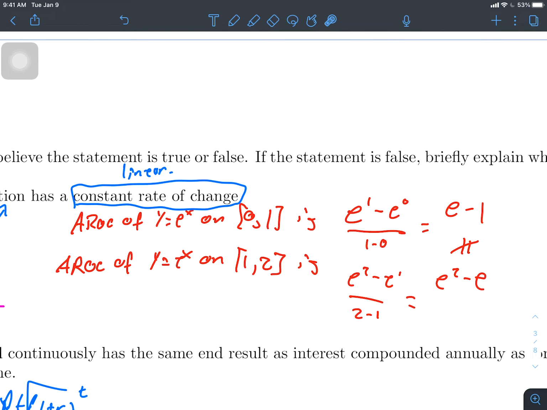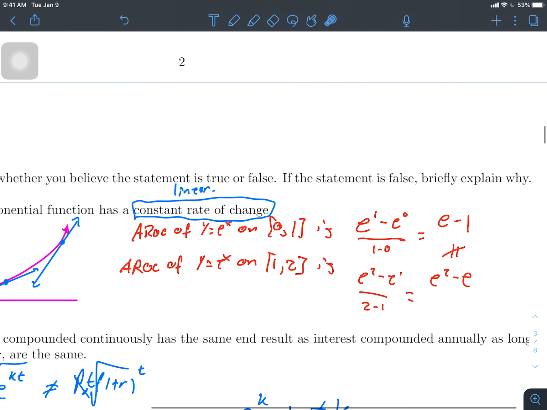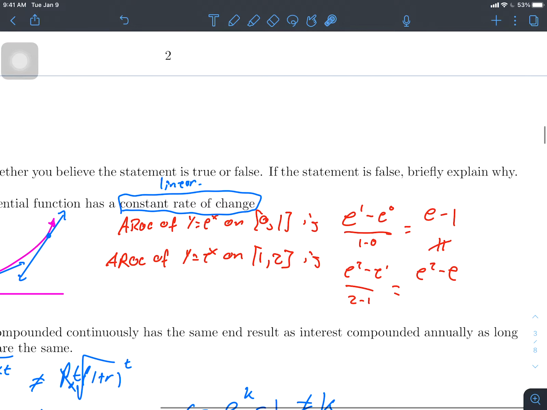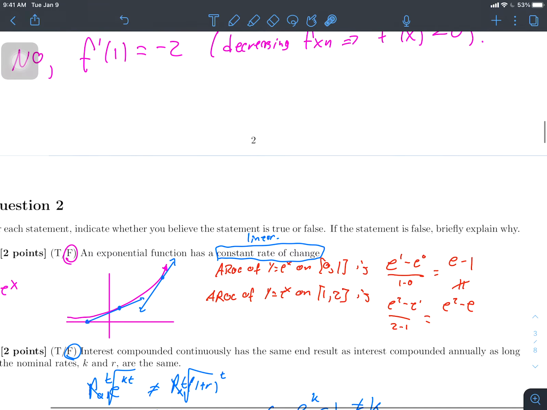But then you do the average rate of change on another interval and you get e to the 2 minus e. Okay, so e is a number. If you square it and subtract it from itself, it's not going to be the same as just e minus 1. So these numbers are not the same. You can check it on your calculator if you want. So the average rate of change of the function on two different intervals was different. So that's an analytic way of solving the problem.